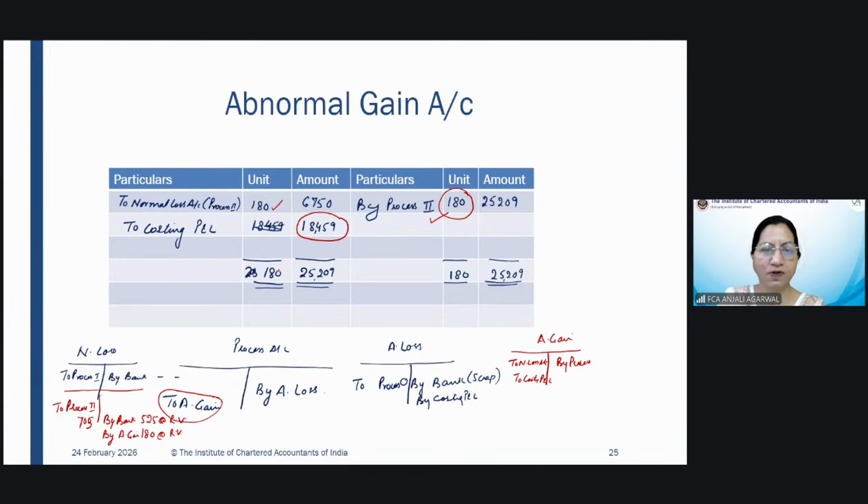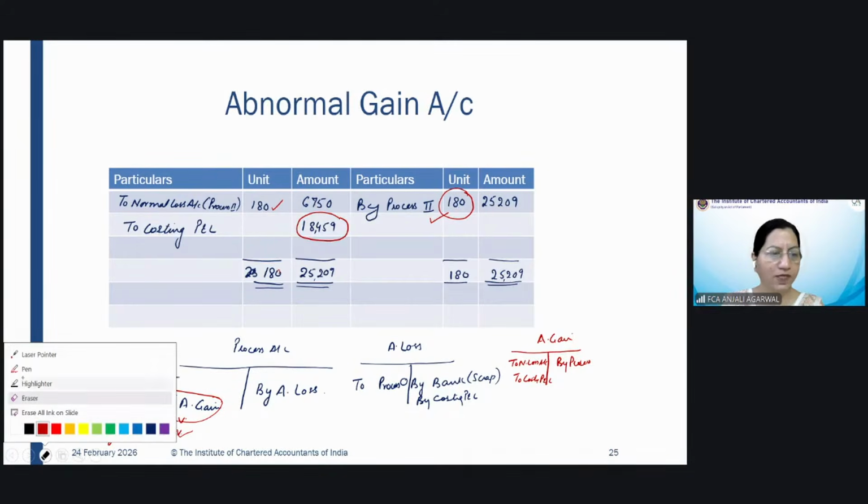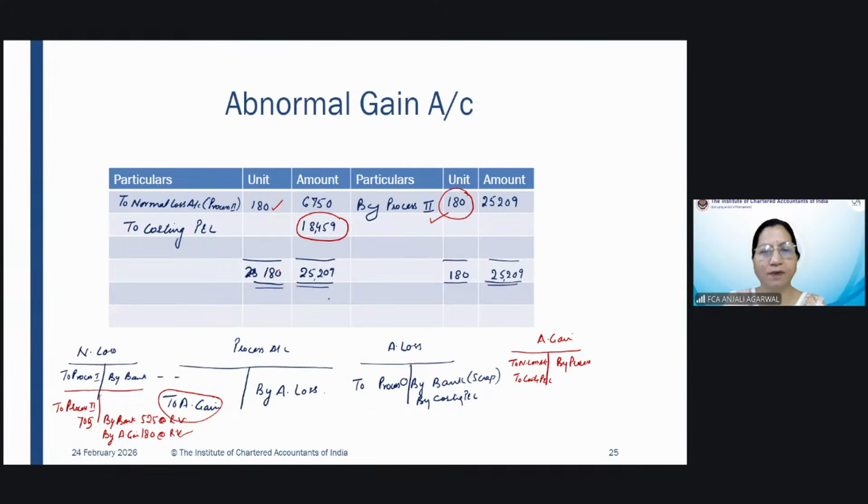So units and units will also match, no? So we are crediting the abnormal gain with the process two account from where these units have come, and we are charging it to the normal loss account where it could not have been sold. Okay?